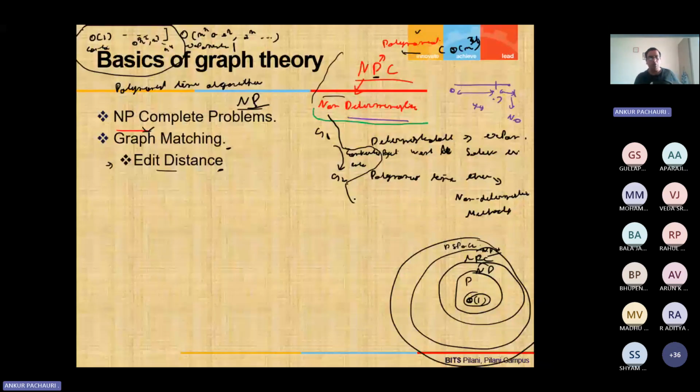What are the operations that are allowed?